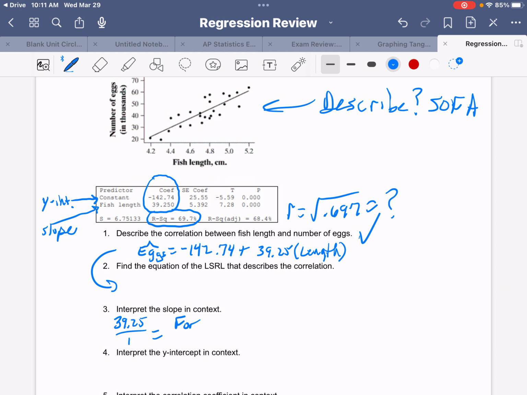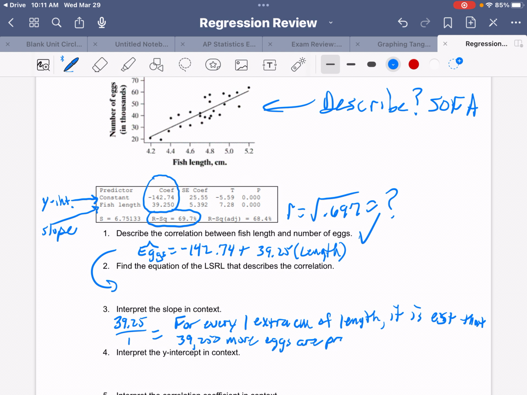For every 1 extra centimeter of length, it is estimated that 39,250 more eggs are produced on average.